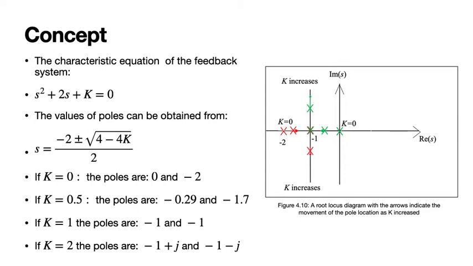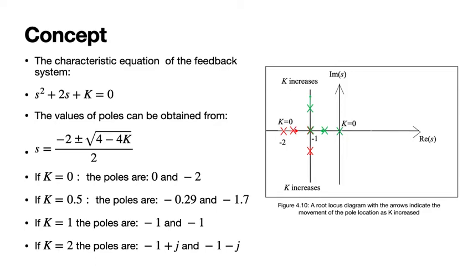So the poles will be 0 and negative 2. Let us mark them here. We have two poles because it is a second order system, so from k equals 0 we have two points, 0 and minus 2.